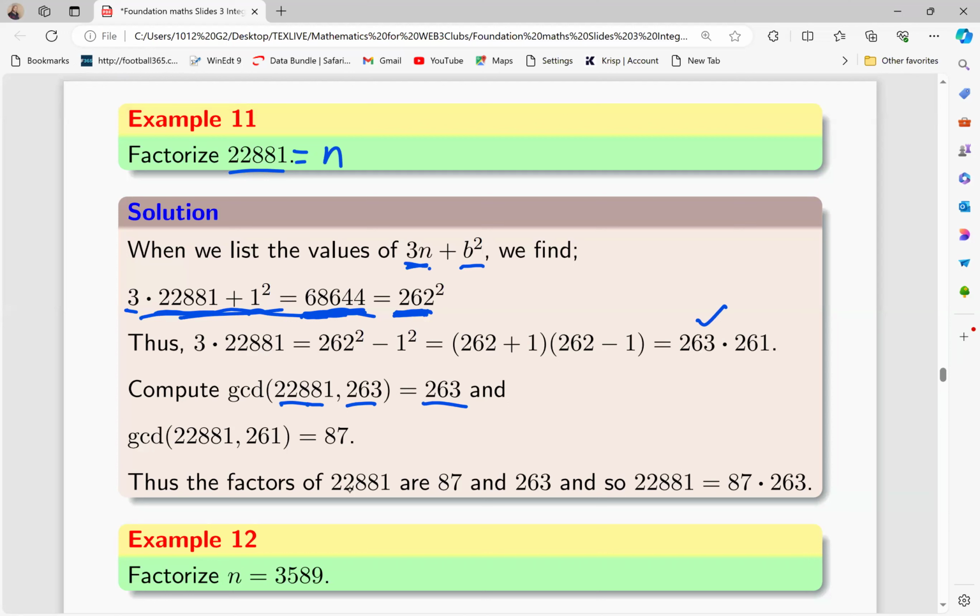And then the GCD of this number and the other number is 87. So these GCDs are now the factors of this number. So what that means is that this number has the factors this and that, so it can be written as that.